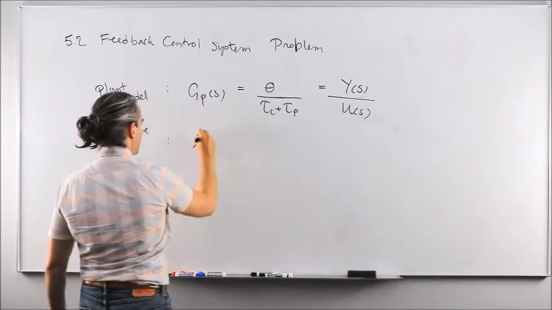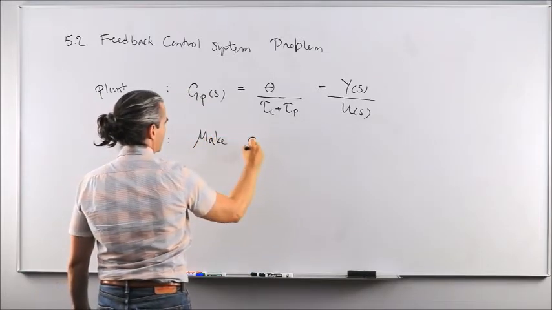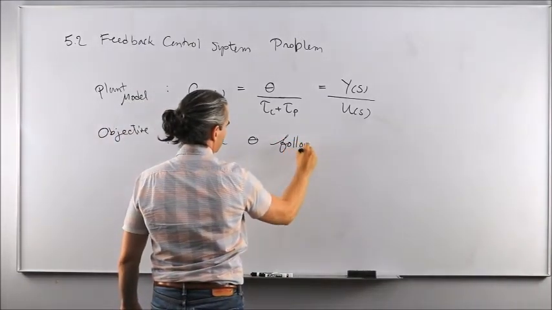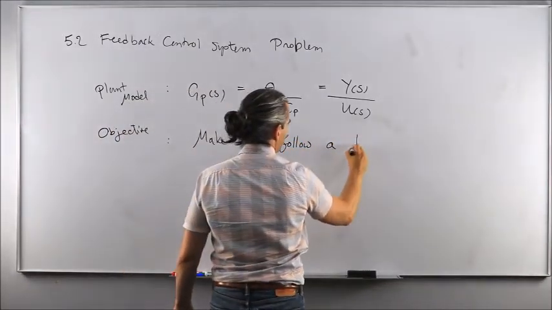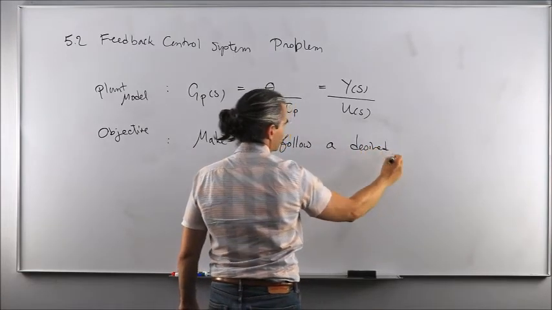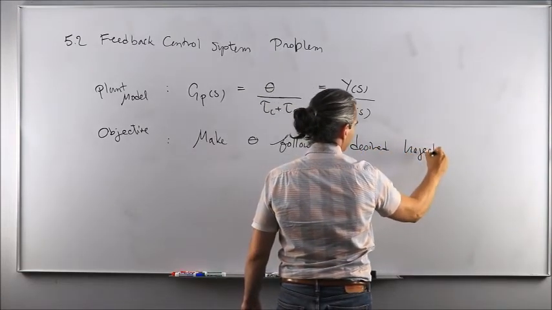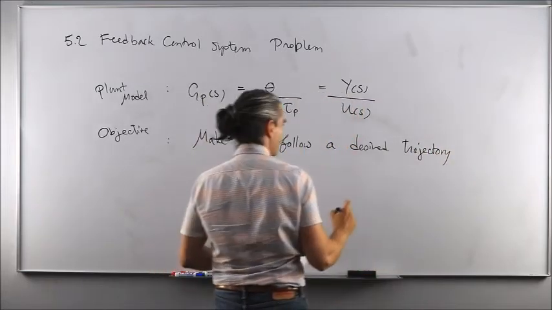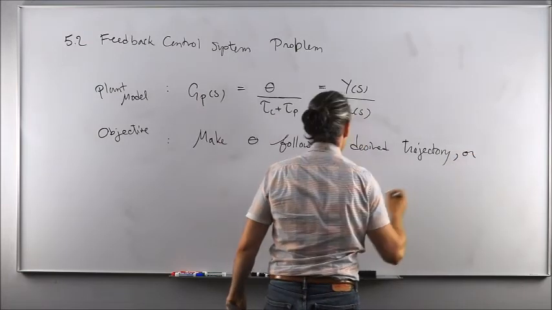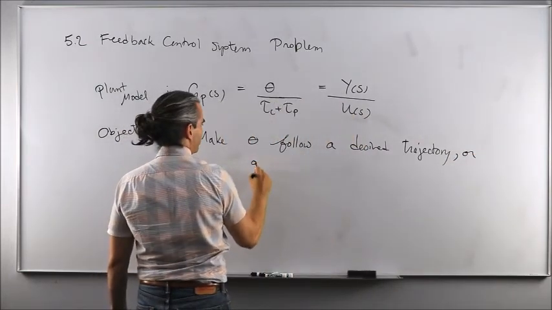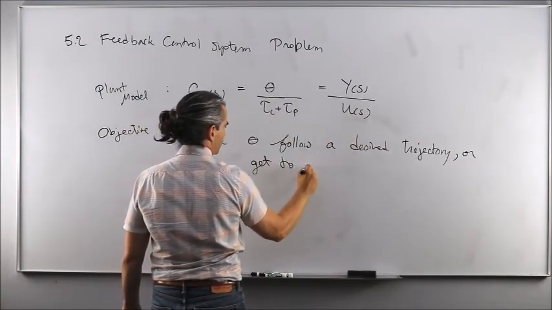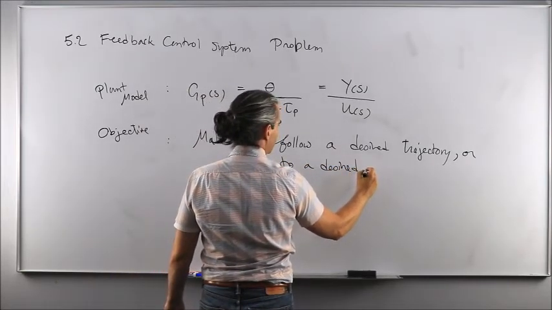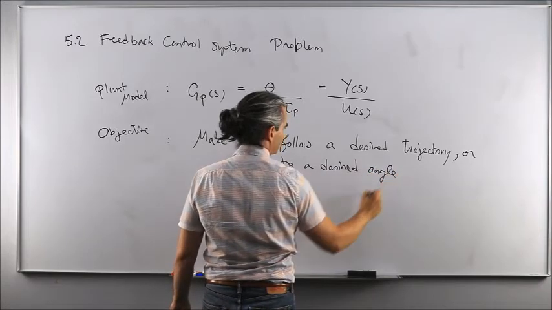So we want to make the output of the plant to follow a desired trajectory or simply get to a desired angle or value.